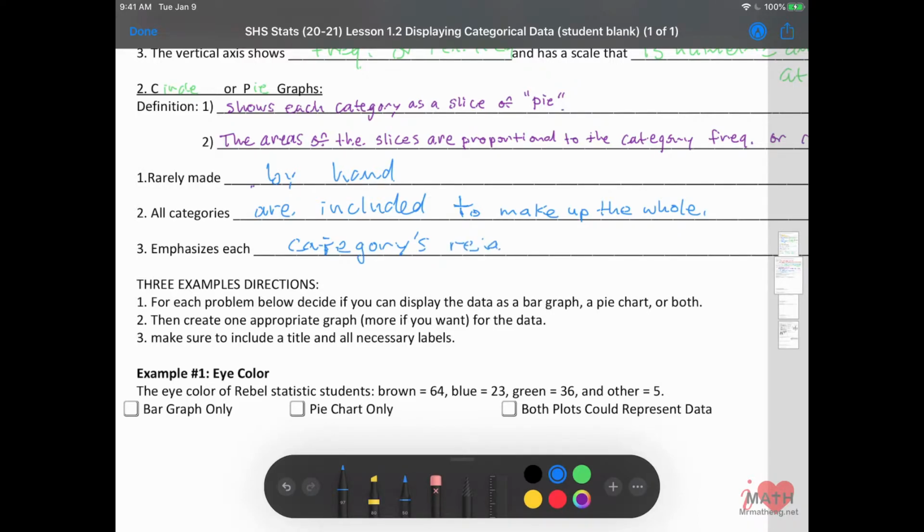So you get to compare. How many tardies in the freshman, sophomore, junior, or senior class.